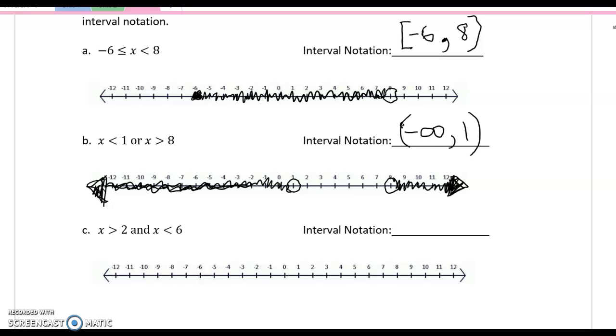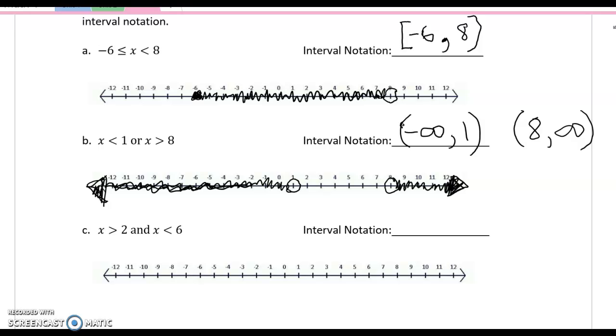We start by writing the interval notation for the left half: negative infinity, comma, 1 in parentheses. And I'm also going to write a totally separate interval notation for the right half. Open circle on 8, so I have parentheses 8, comma, positive infinity, because that arrow is going infinitely to the right.